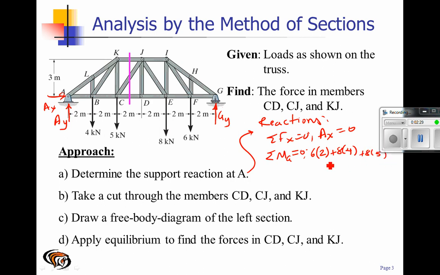And then we also have 10 times 4. And finally, the 12 times AY is a negative moment. And so from this, we're going to get an AY equal to 10.33 kilonewtons.